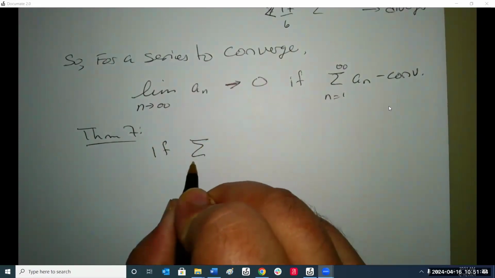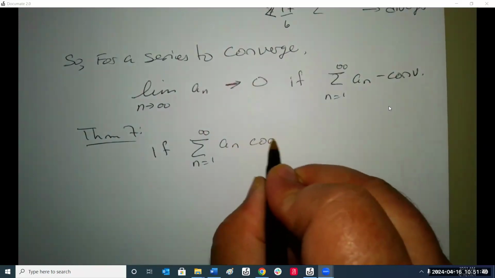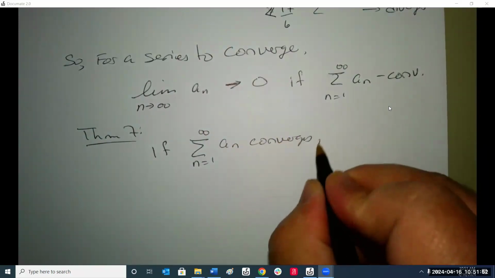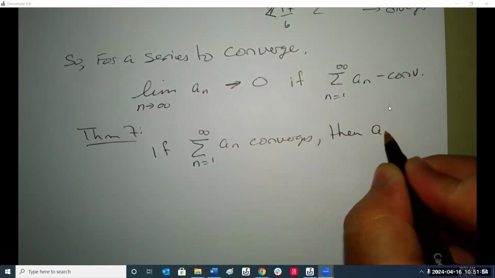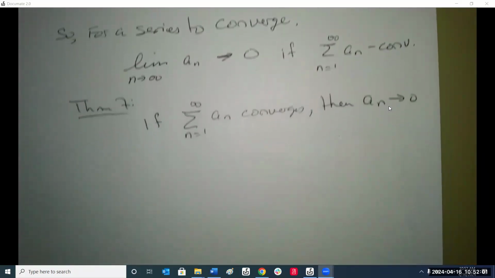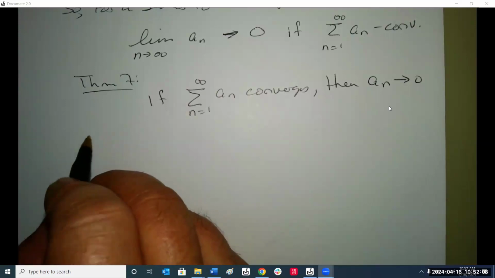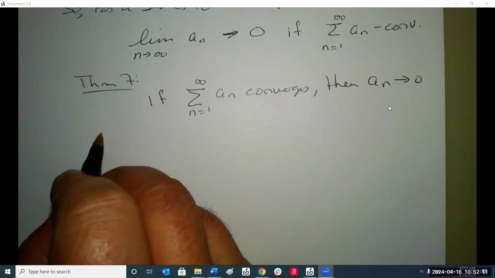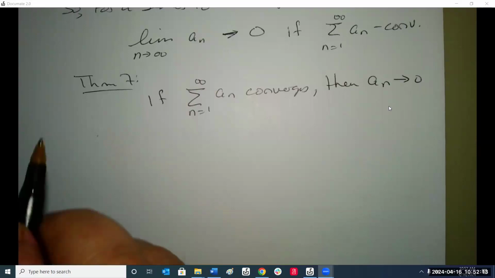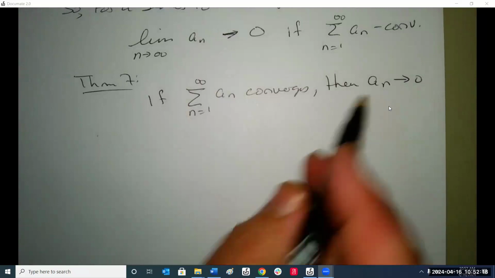If the summation from n equals 1 to infinity of a sub n converges, then a sub n goes to 0.